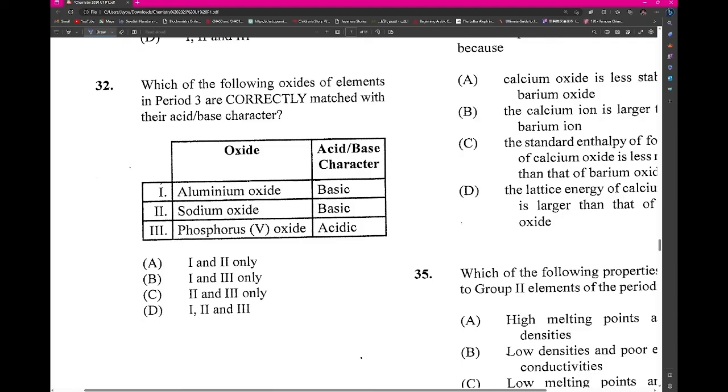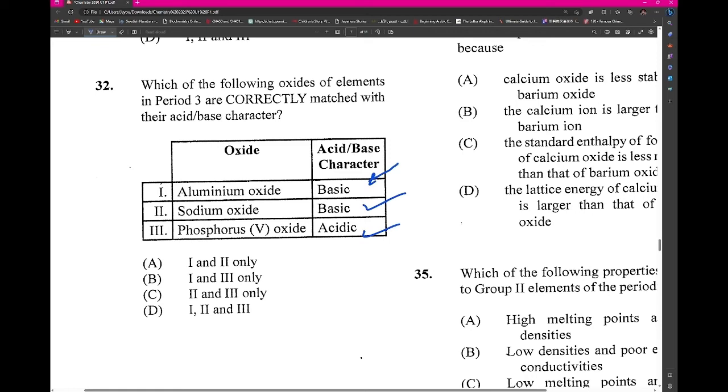Which of the following oxides of period 3 elements correctly match with acid-base character? Now, most of them are amphoteric in nature. For this question, I believe sodium oxide would be basic and phosphorus oxide would be acidic. It depends whether you want the answer to say amphoteric or basic.